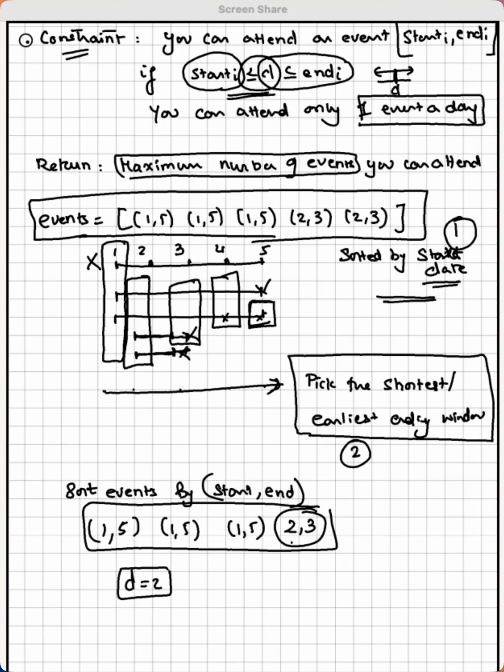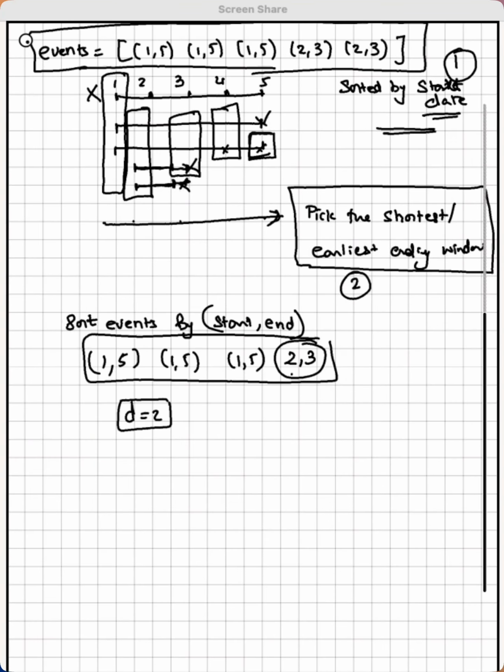So what I will have to do is sort it by start time, and progress day by day, checking how many events do I have which are starting today or earlier than today, and then from those how many of them are ending the earliest, and pick the top from that, because we need only one event to attend per day, right? So we'll pick the shortest one. So that's how the logic works.